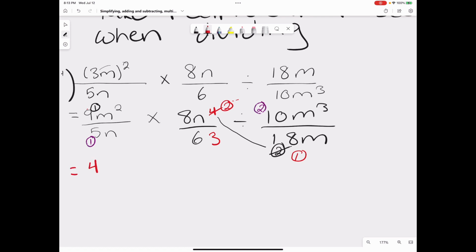And then m squared times m cubed becomes m to the 5. And then we have the n all on its own. And then that's over 1 times 3 times 1, which is 3.